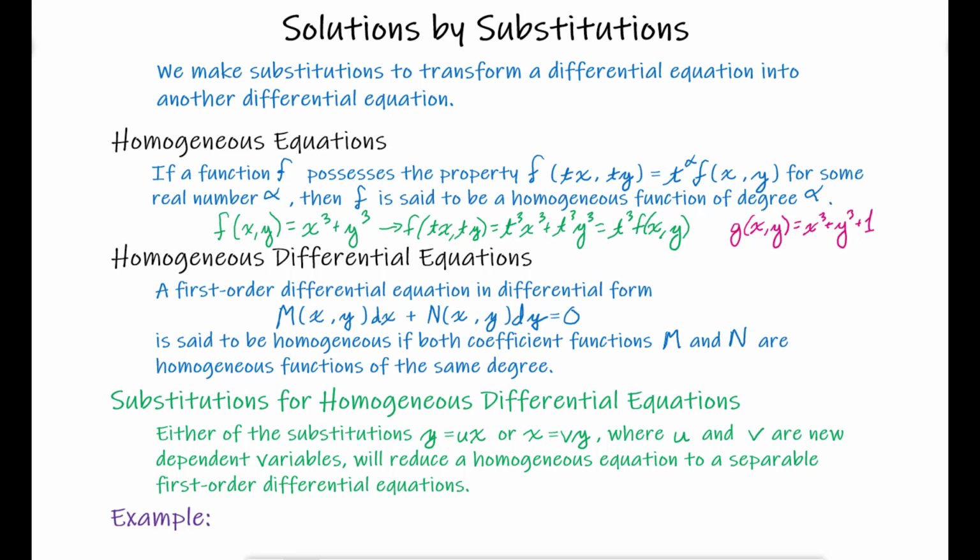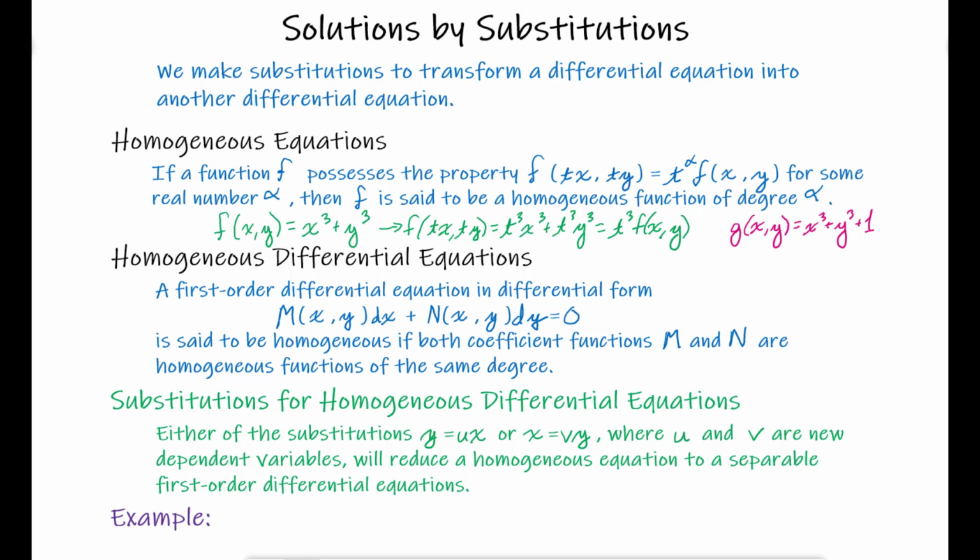If a function f possesses the property f of tx, ty equals t to some power alpha times f of xy, for some real number alpha, then our function f is said to be a homogeneous function of degree alpha. So here's an example. Take the function f of xy equals x cubed plus y cubed.